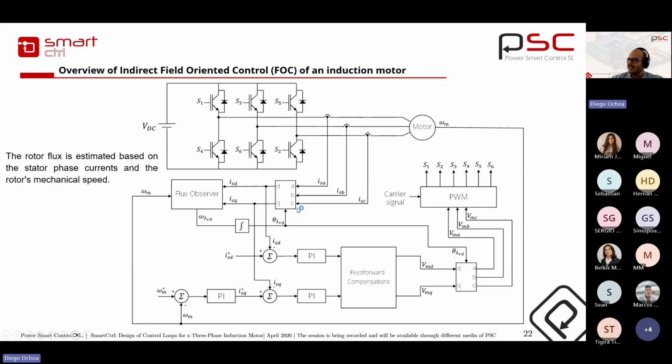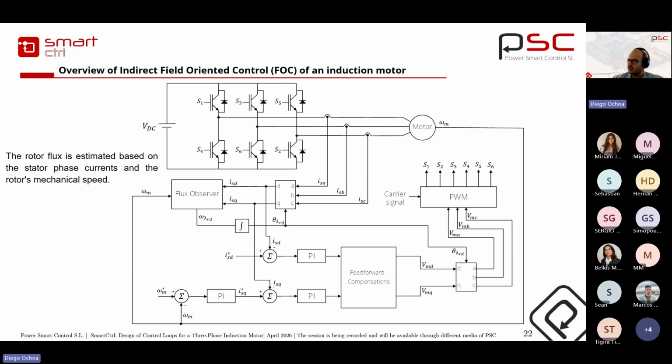The main idea here is that we have a rotor flux, which has a speed. This speed is called the synchronous speed of the rotor flux. From the DQ model of the three-phase induction machine, we implement a flux observer in order to estimate the synchronous speed of the rotor flux.